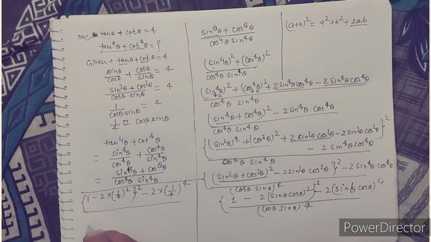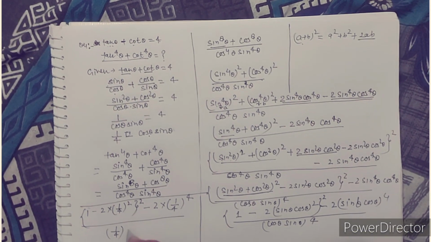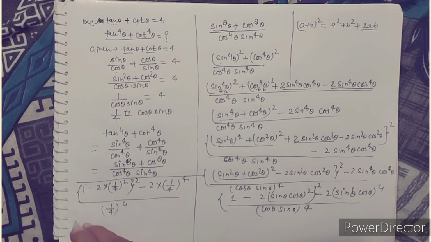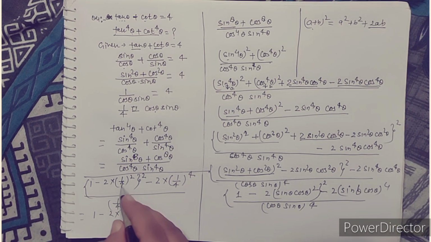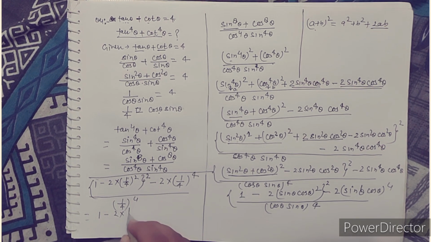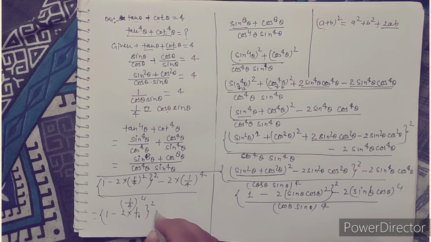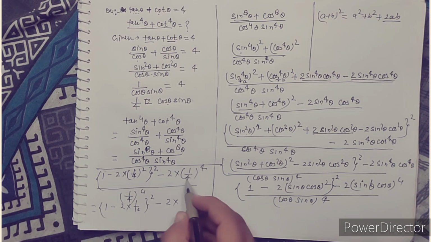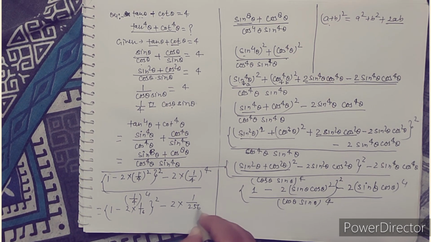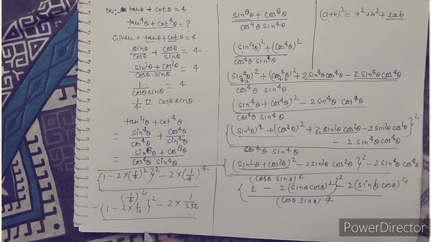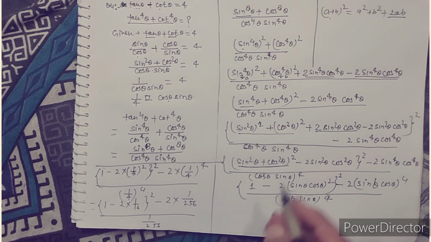Now 1 upon 4 to the power 4. It will be 1 minus 2 multiply (1 upon 4) whole square, equal to 1 upon 16, minus 2 multiply (1 upon 4) to the power 4, equal to 1 upon 256.